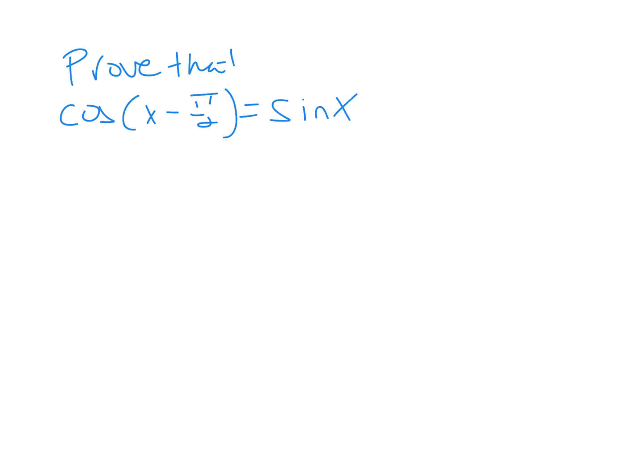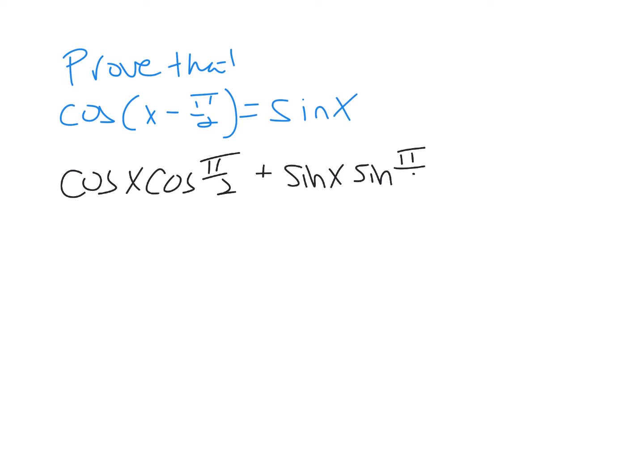So we have a little proof here. Cosine of the quantity x minus pi over 2 is equal to sine x. So we need to prove it. Of course, we're going to use the sum and difference formula because we have x minus pi over 2. So in this case, we're going to have cosine x times cosine pi over 2 plus sine x times sine pi over 2 equals sine x.